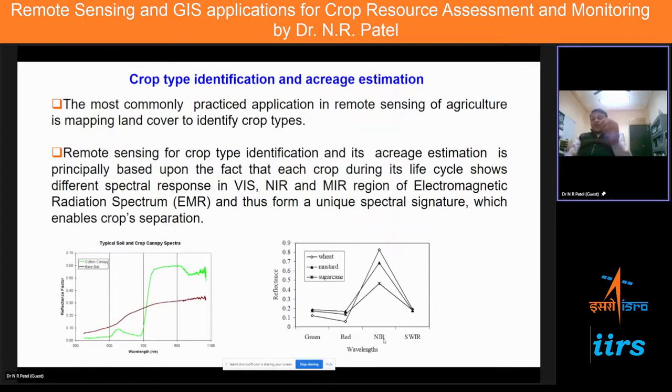Once solar radiation from the sun falls on the different crop types, it interacts with the leaf color, phenology, and also its color, shape, size, all those things. After this interaction of electromagnetic radiation with the different crop types, some amount of energy is reflected, absorbed and transmitted. So this reflected energy is detected.